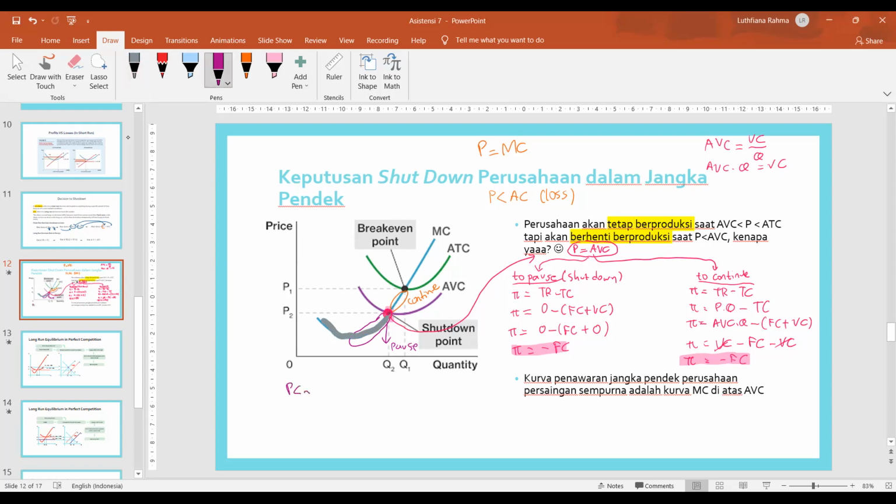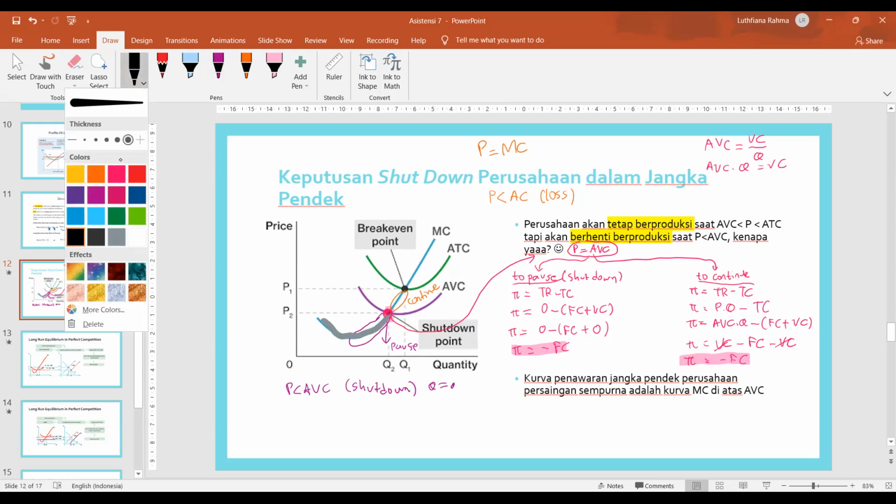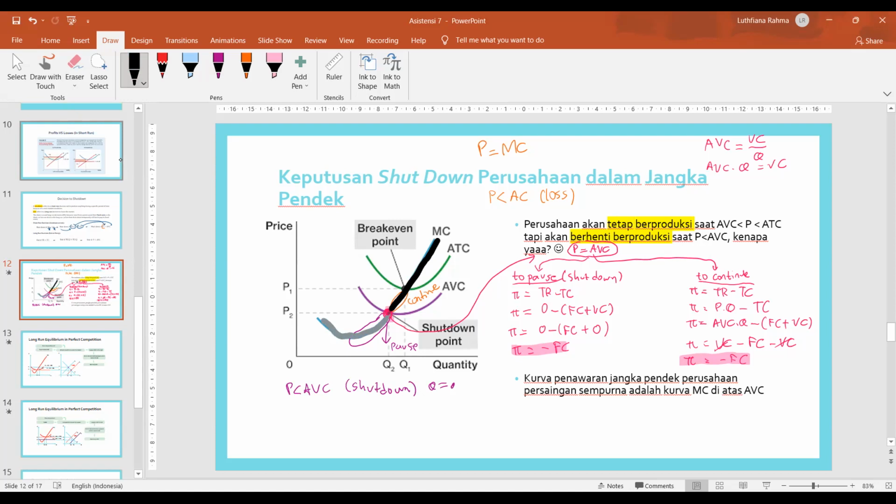If the price is below the average cost, remember that the firm is shut down, so the quantity will be 0 and there is no production. So where is the production? The production lies at this point, at price above the average cost.